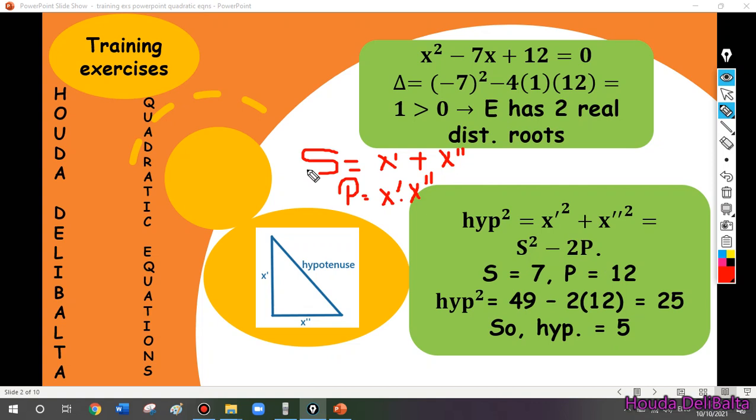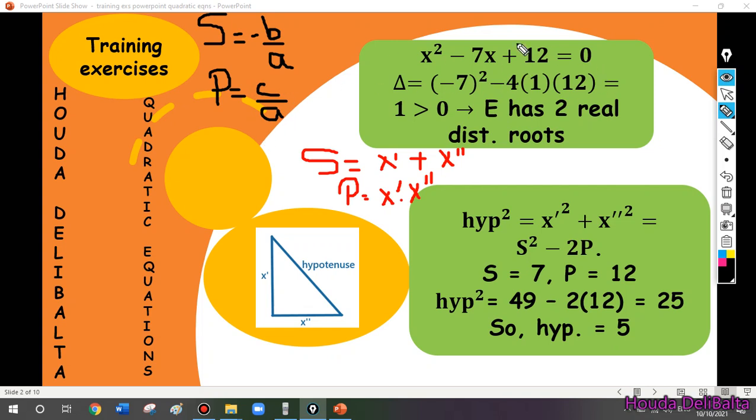So all I have to do is to evaluate s and p. Now what is s and what is p? According to another rule, s is equal to minus b over a, and p, the product, is equal to c over a, and that's also proved in the explanation videos.